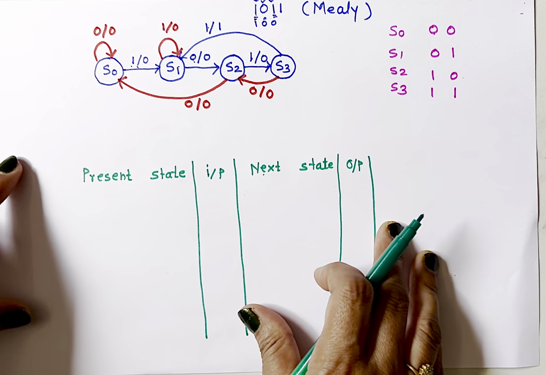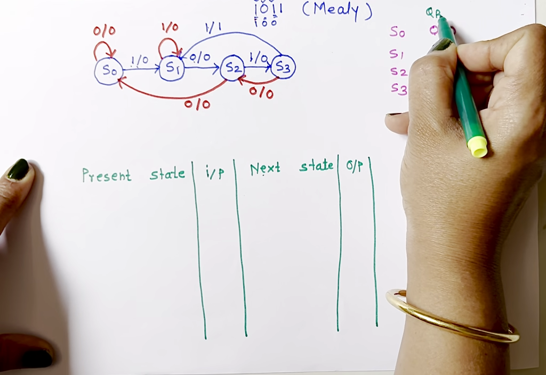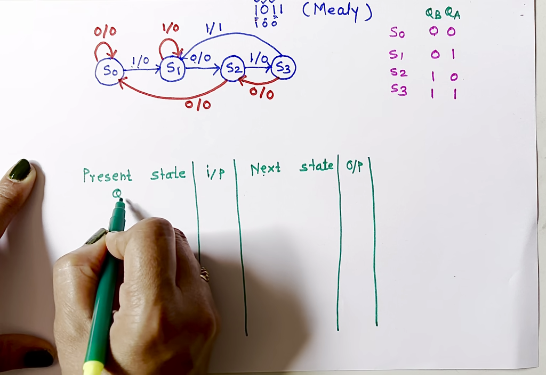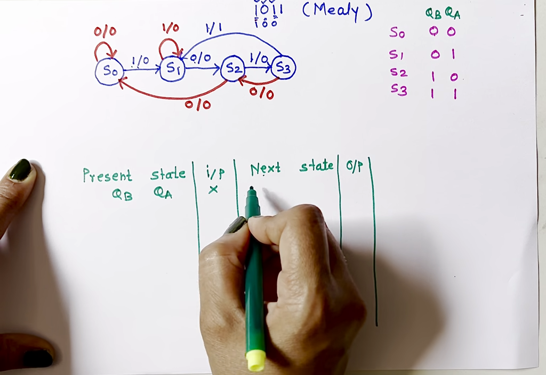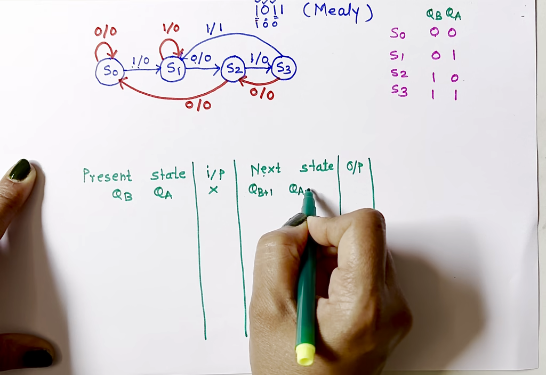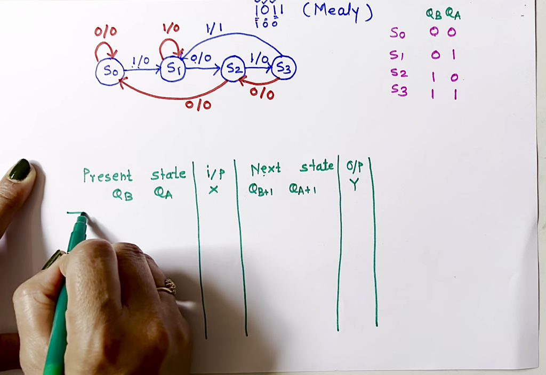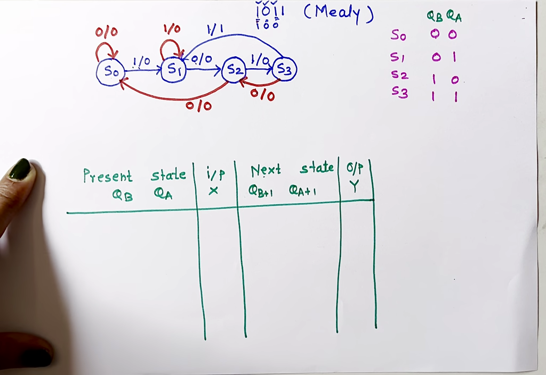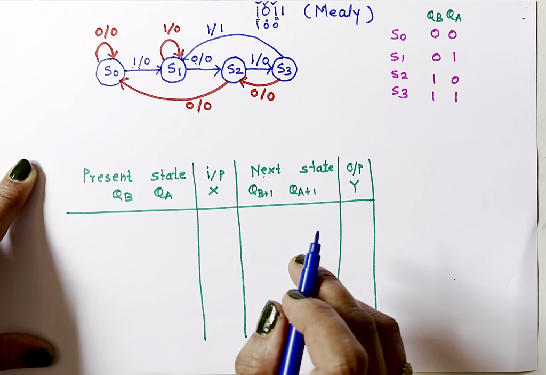So here present state I'll call QB, QA, and for input I'll use X. Here next state is QB+1, QA+1, and for output I'll use Y. So based on the value of input and present state, I'll determine the next state and output.